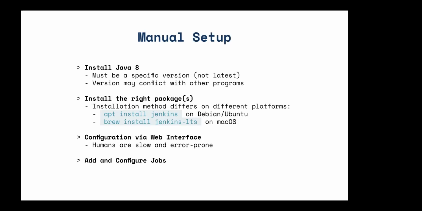And even after you've set up Jenkins and configured it with the plugins, you have to add in the jobs. If you are running a small shop with like 10 Jenkins jobs, that may not be an issue. But in the larger companies that I've worked at, you're dealing with hundreds of thousands of jobs. So obviously doing them manually is not practical.